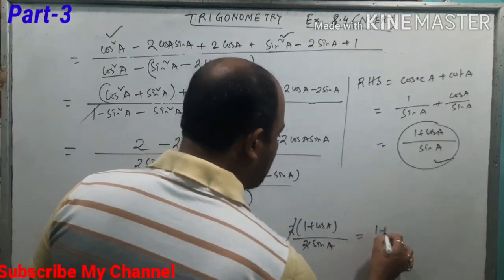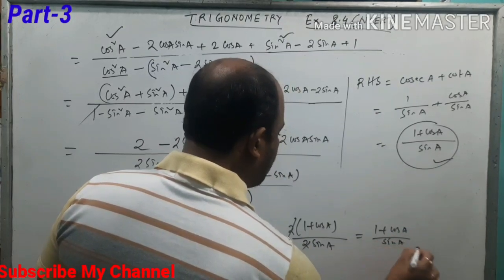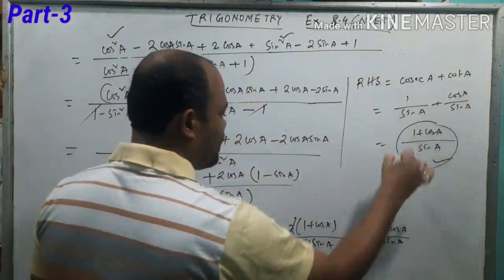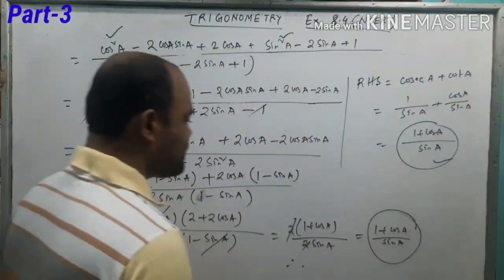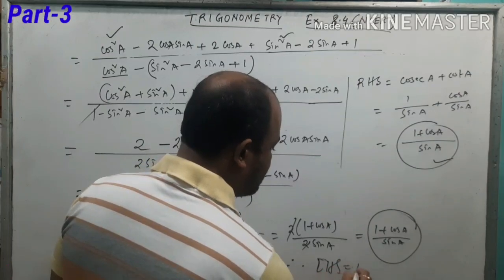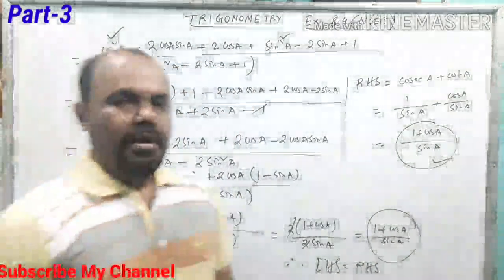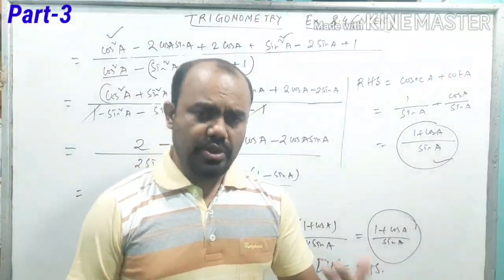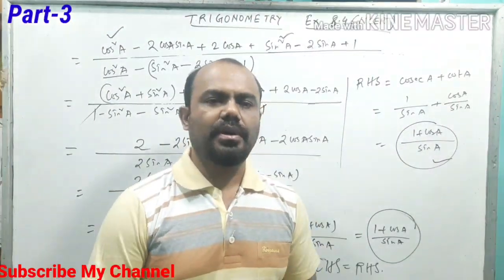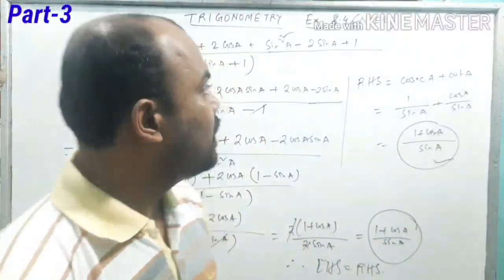So what remains? 1 plus cos a by sin a. See, the value of RHS and value of LHS both are same, therefore we can write LHS equal to RHS, hence proved.